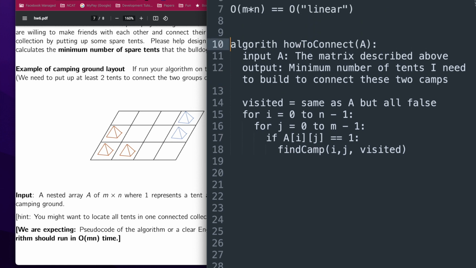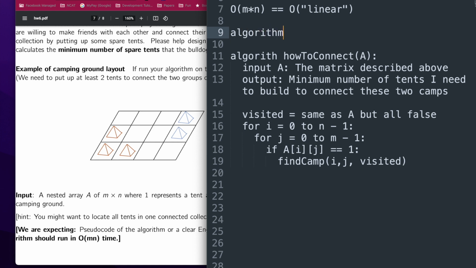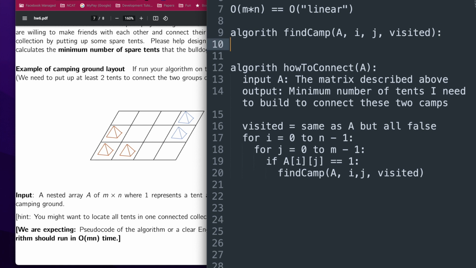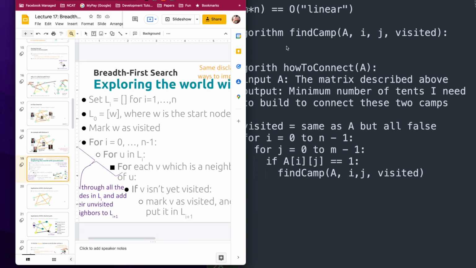So let's actually try to code that up. So find camp, let's say it also has A as input, so we give it A. Then we give it ij, and we give it this array or vector that's visited, right? So what we can do here is we can actually follow the pseudocode, right?